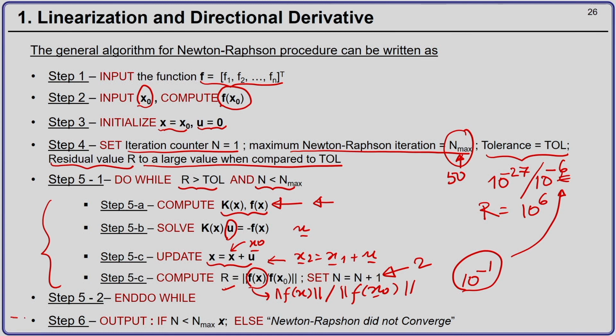So, once you come out of this do while loop, which is step 6, your output will be, if the number of Newton-Raphson iterations is less than the maximum number that you had, then your solution will be x. Otherwise, you will say that your Newton-Raphson iteration did not converge. Once it did not converge, it does not mean that there was some problem.